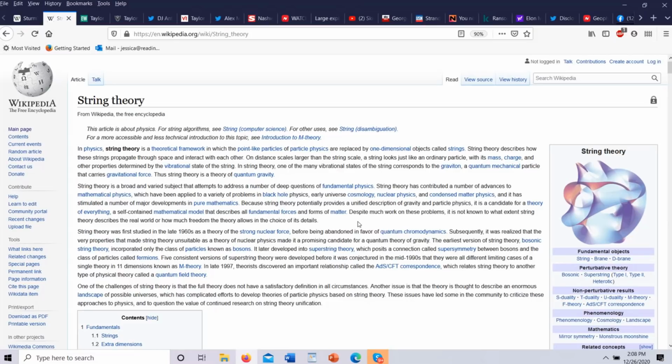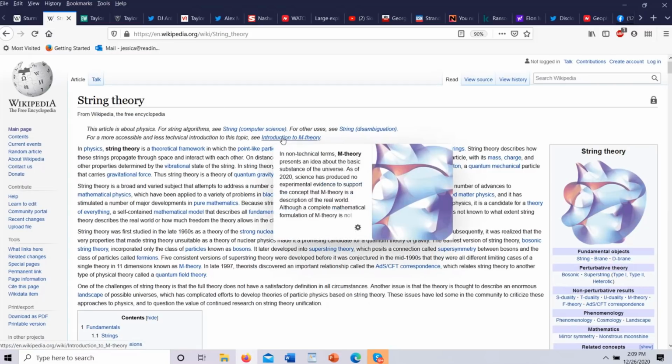Look at this article. As you can see, M theory is a non-technical term. Five consistent versions of superstring theory were developed before it was conjectured in the mid-1990s that they were all different limiting cases of a single theory in 11 dimensions.